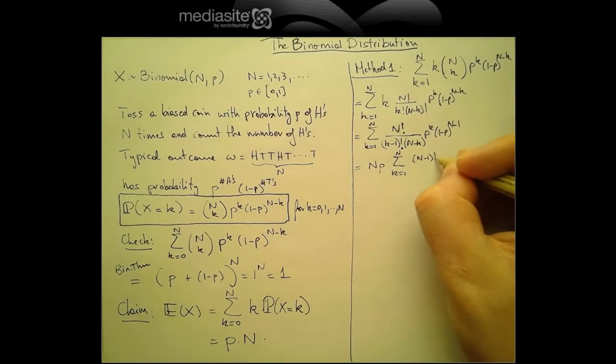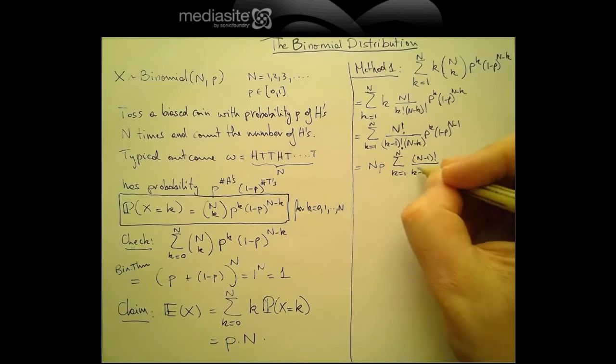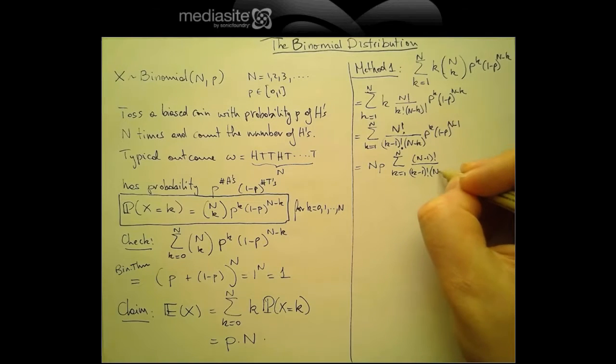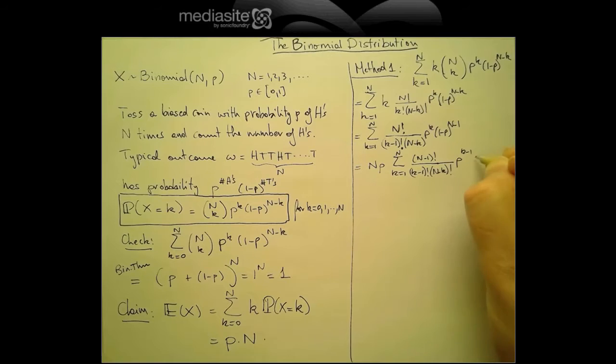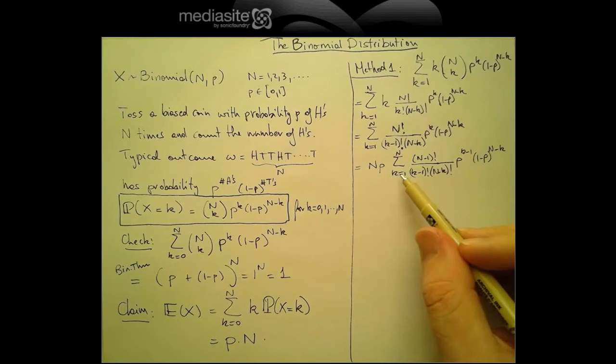n minus 1 factorial, k minus 1 factorial, n minus k factorial, p to the k minus 1, 1 minus p, oops, this is to the n minus k. Okay, and so here we can simply do a change of variable.